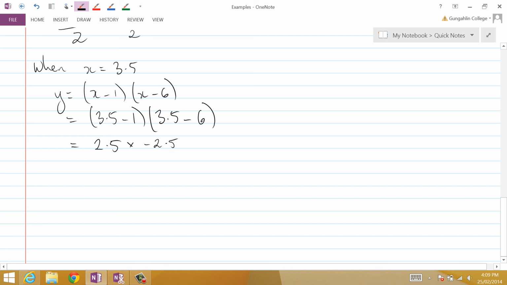I don't have a calculator handy, so I'm going to have to do this a different way. 2.5 is the same as 7 on 2. No, it's not. It's the same as 5 on 2. That's why you should always check. This is also 5 on 2. And multiplying that, I'm going to get negative 25 on 2, which is negative 12.5.